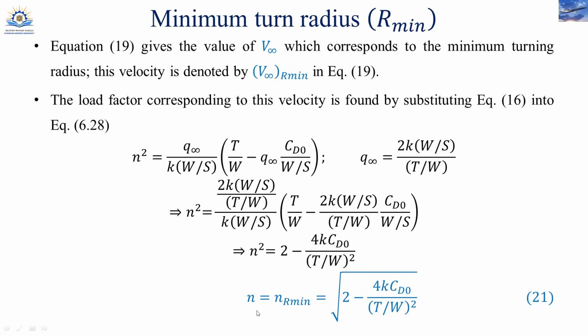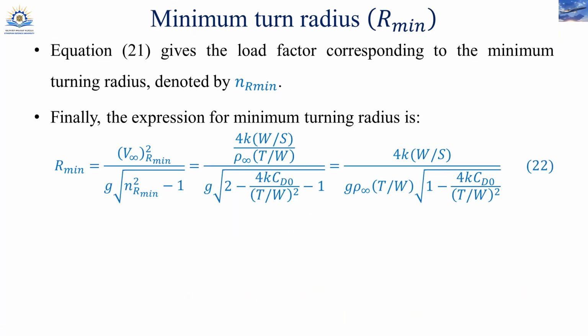n for R minimum is the square root of 2 minus 4 K CD naught over T over W squared. So by substituting that into the minimum R condition, finally what we can get is the minimum turn radius.